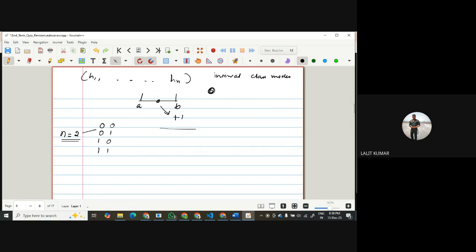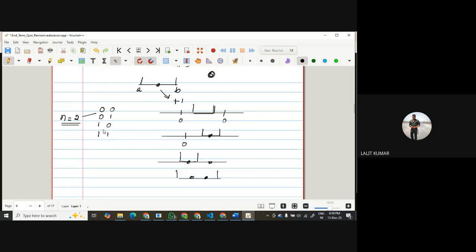Take 0, 0: both are outside, and my interval can be placed elsewhere. 0, 1 and 1, 0 can be represented by the interval class too. 1, 1 means both are inside.